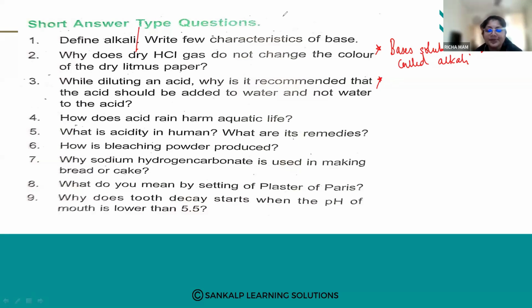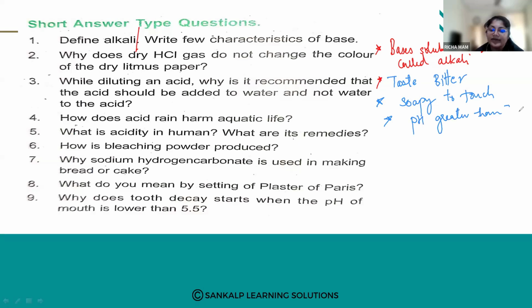How are you going to answer? Bases, first, starting with the taste, they taste bitter. They are soapy to touch. Then they have pH greater than 7.